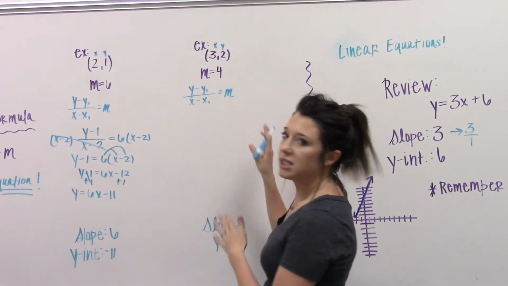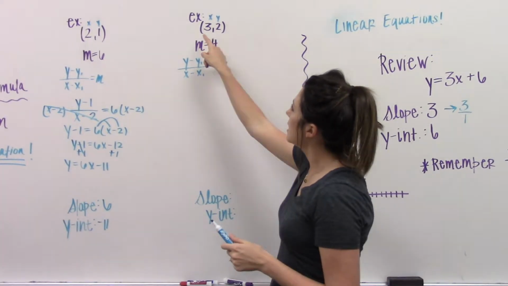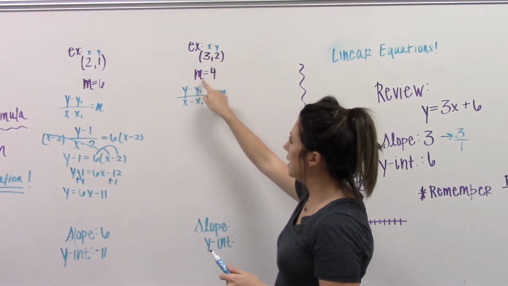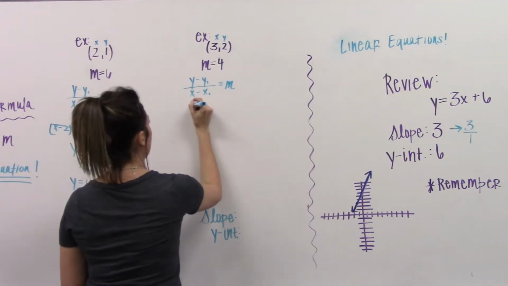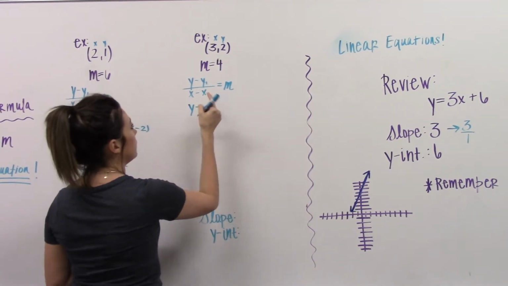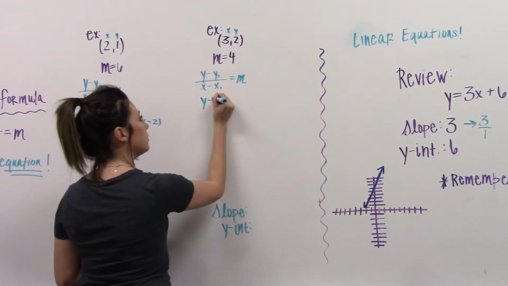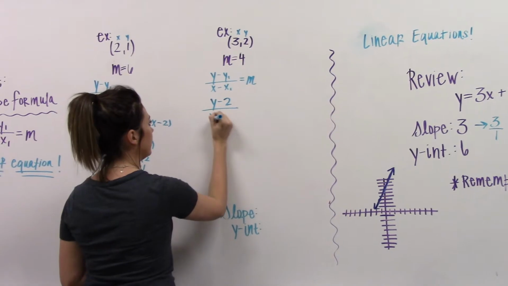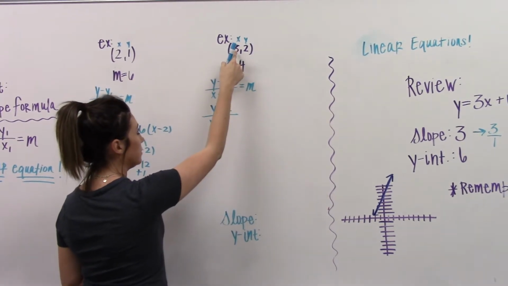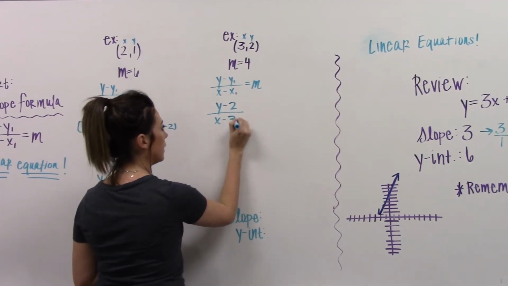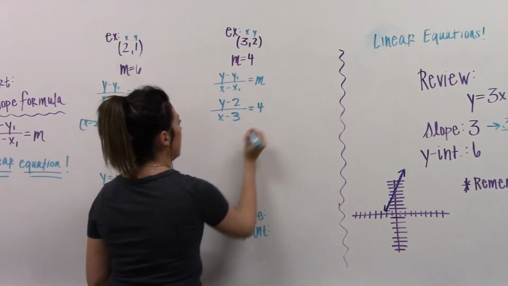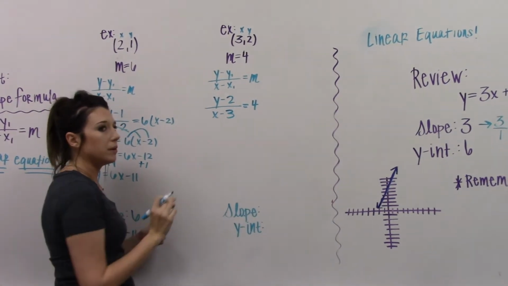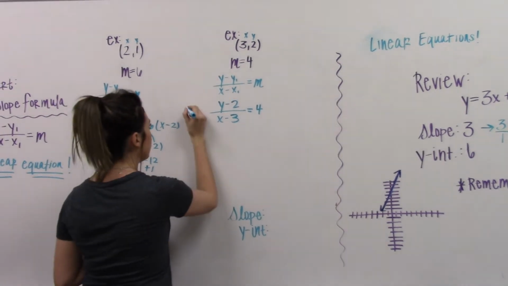Okay, so we're going to practice one more time. Our x and y are 3 and 2, and the slope is 4. So we're going to go ahead and plug in real quick. So y minus y1, which is 2, plug it in, over x minus x1, which is 3, plug it in, equals slope, which is 4. And we want to get y by itself, so what we're going to do, we're going to multiply again.